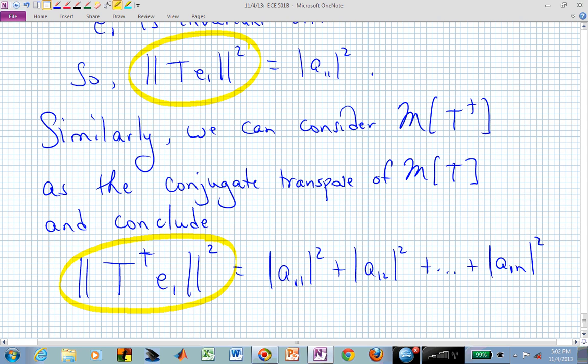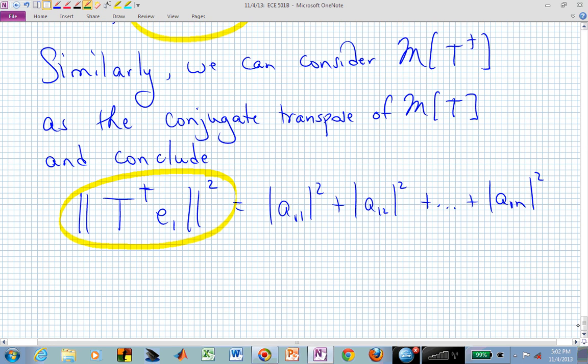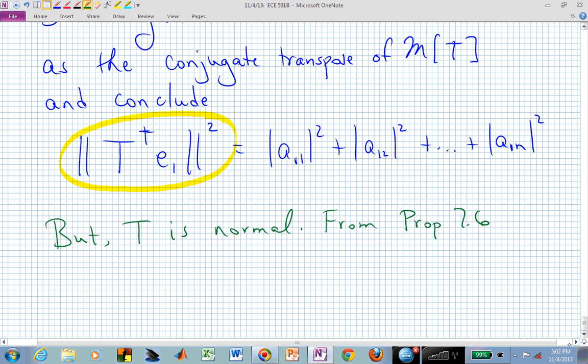Let me write down what I'm now using: T is normal by assumption, and from proposition 7.6, I told you we would use that. That was the first one of these statements that we were recalling from the last lecture.